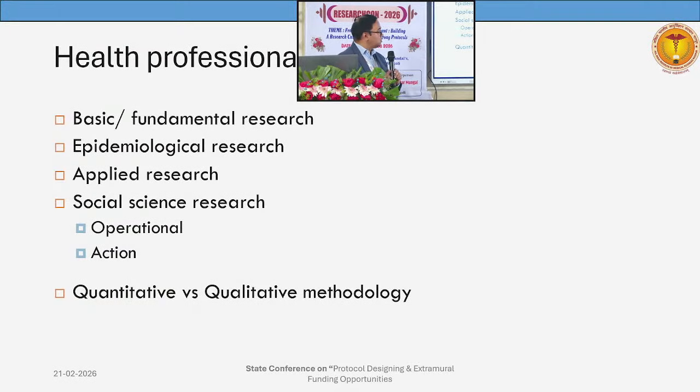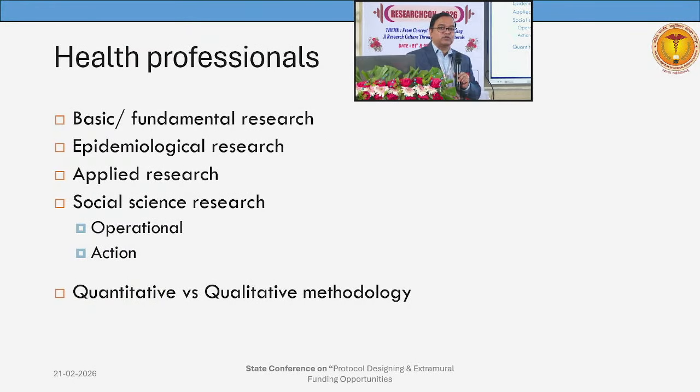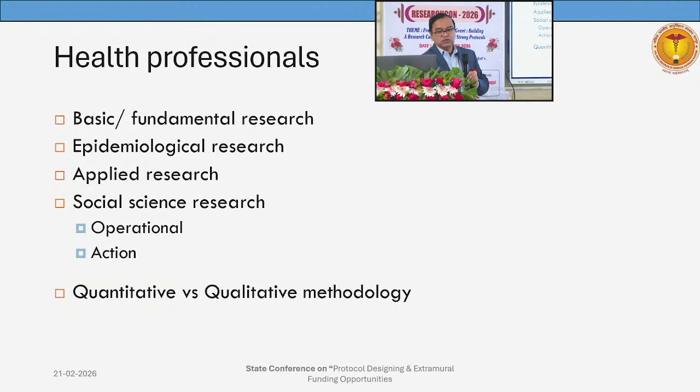So, this also I have covered: what kind of research we do as health professionals. We can do lab research, basic fundamental research like prevalence of something, for example, what is the percentage of hypertensives taking medications regularly? It's basic research. Or we can do epidemiological research.